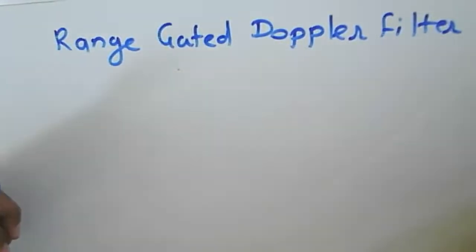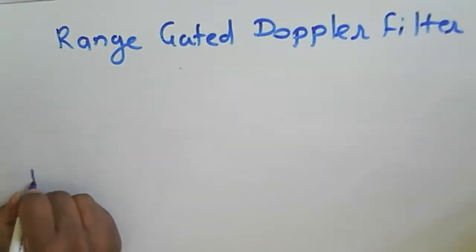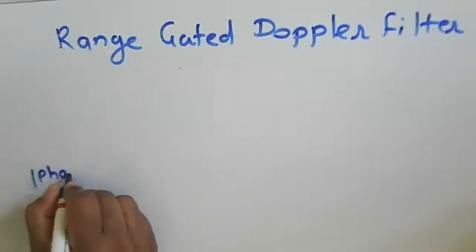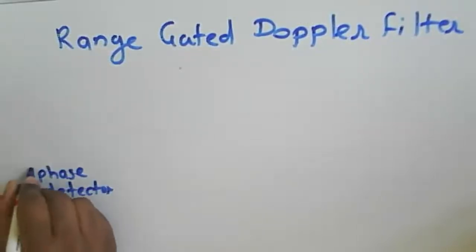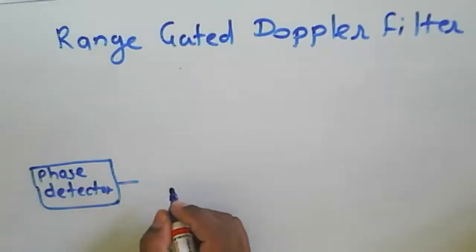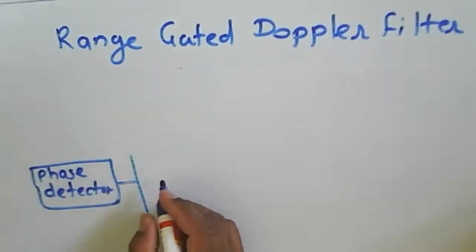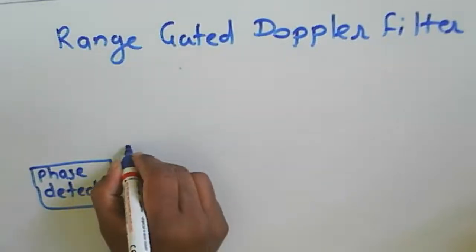Now we can consider the output from the phase detector of this moving target indicator, or MTI, radar. That output will be given to the different range gates.